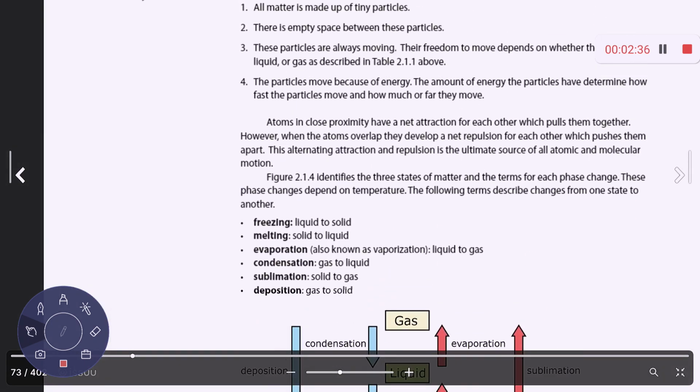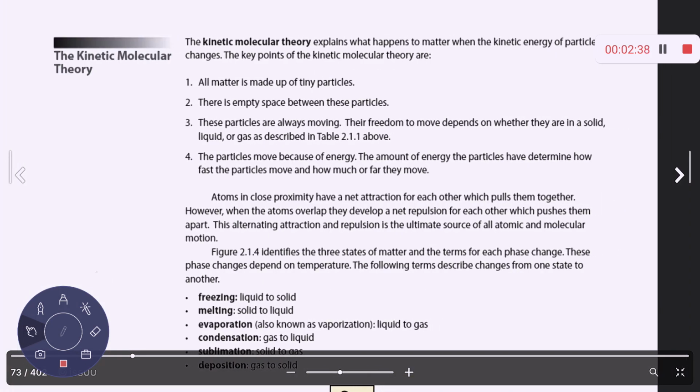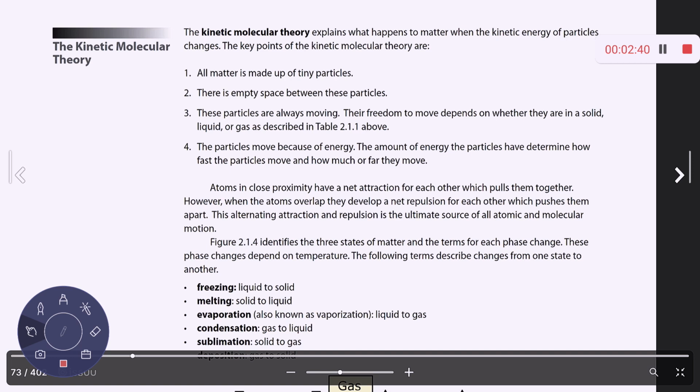On the next page, they talk about the kinetic molecular theory. This outlines what happens to matter when their motion changes. So kinetic molecular theory is often abbreviated as KMT. I would know that. You will likely see a question on a test related to this. The key points are matter is made of particles.